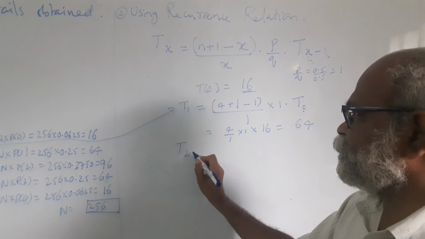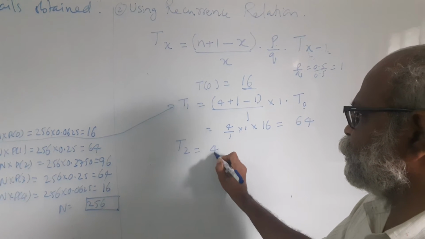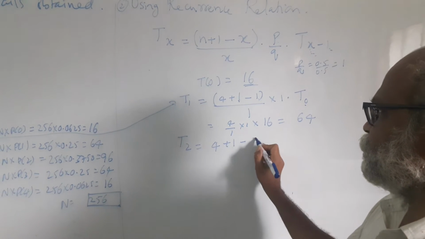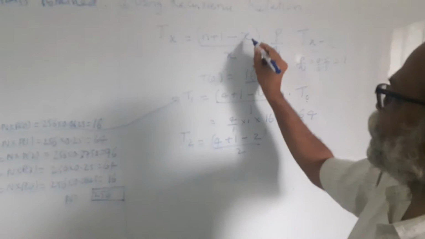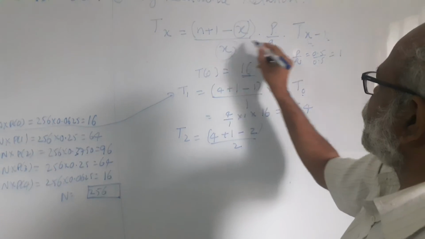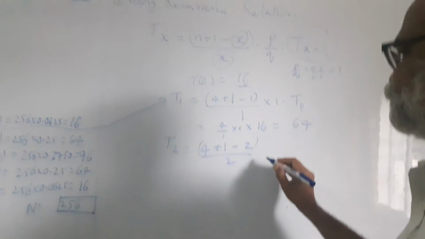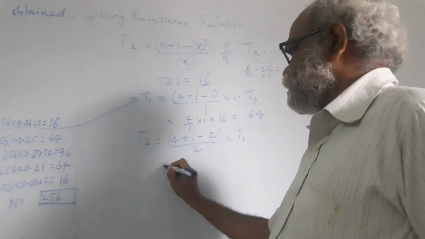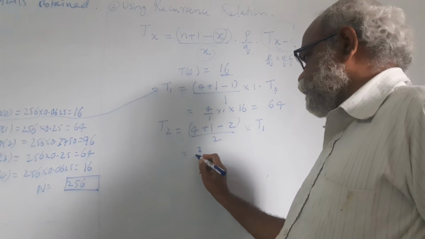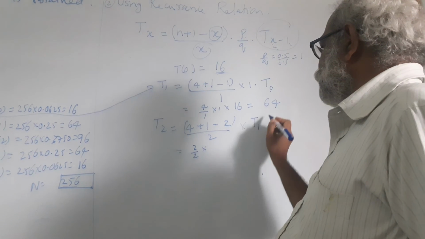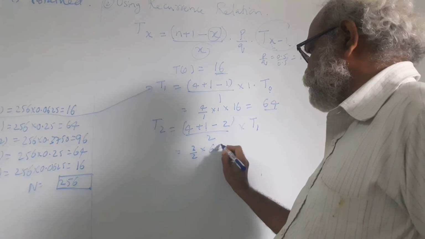Next, T2 equals 4 plus 1 minus 2 divided by 2. Just change the x values, and this one is into T1. The 0 now becomes 1. So it is 4 plus 1, 5, 5 minus 2, 3 by 2 into T1, which is 64.